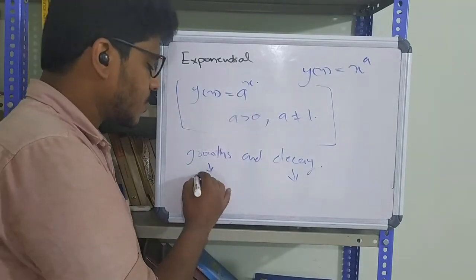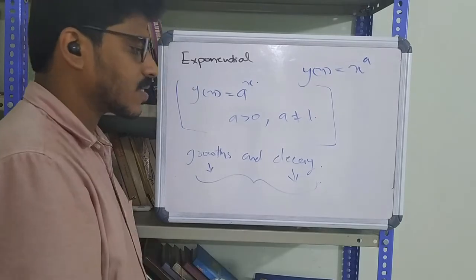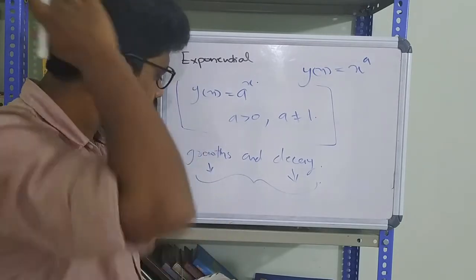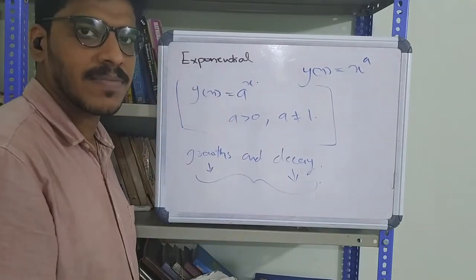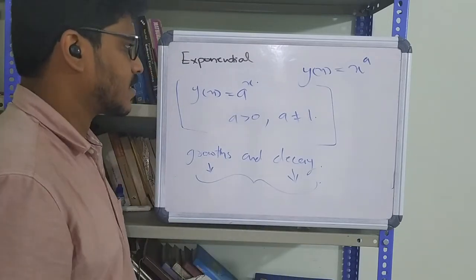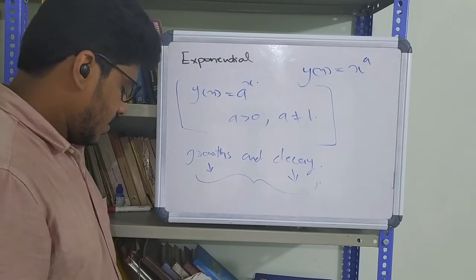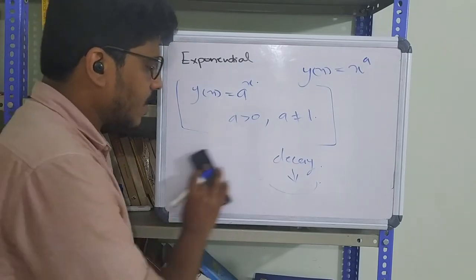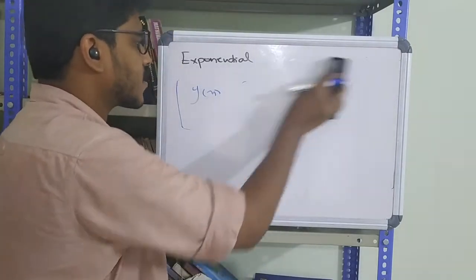Exponential functions are generally used to demonstrate growth and decay phenomena in nature, in economics, or other allied parts of science. Right. Now let's see how the graph of an exponential function looks.